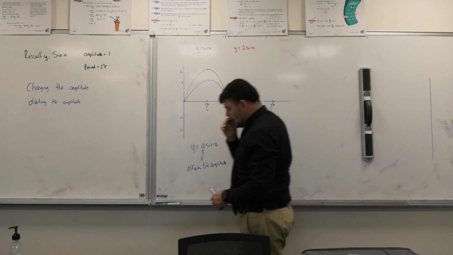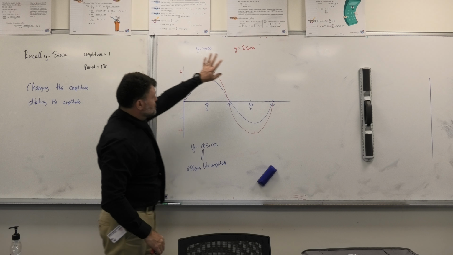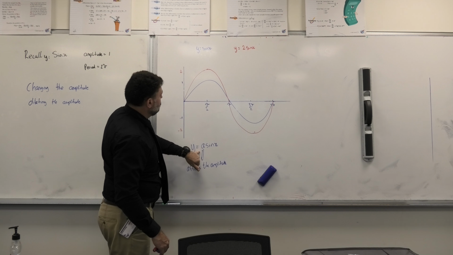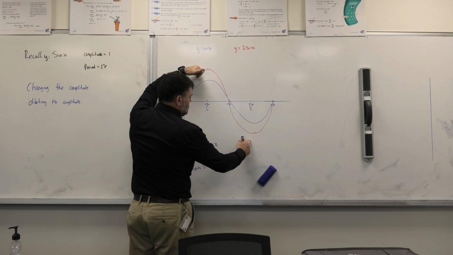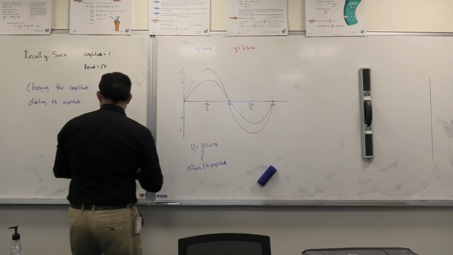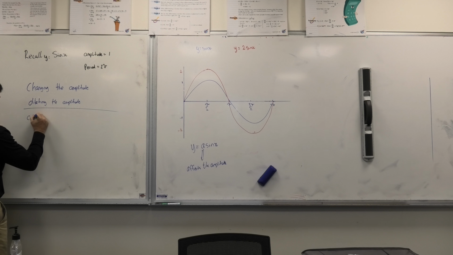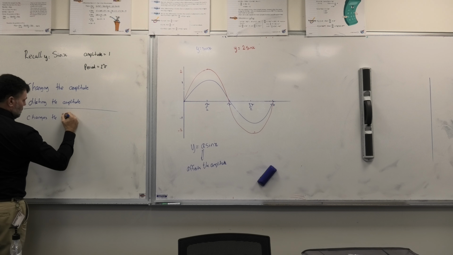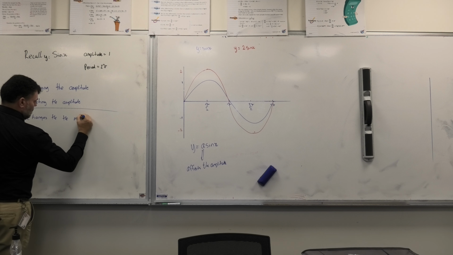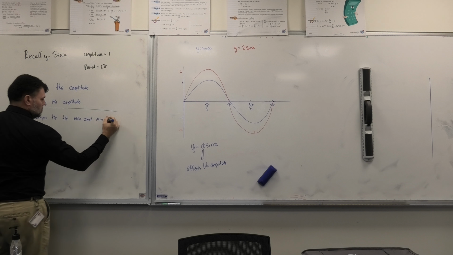As you can see when we look at this graph, the change of the a value just changes the height of your maximum and minimum points. So we can write over here what it does. It changes the max and min turning points.